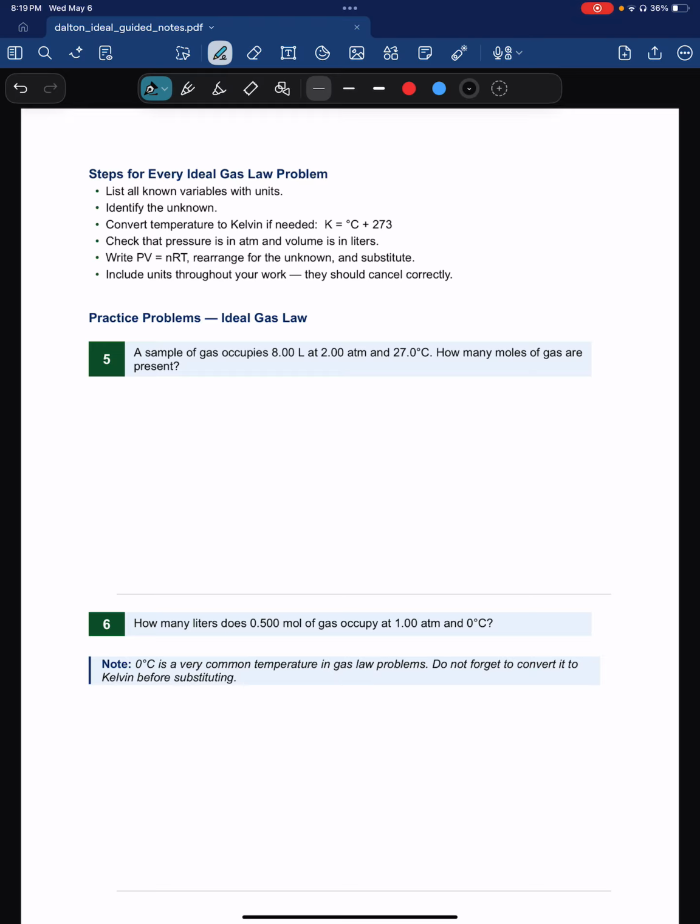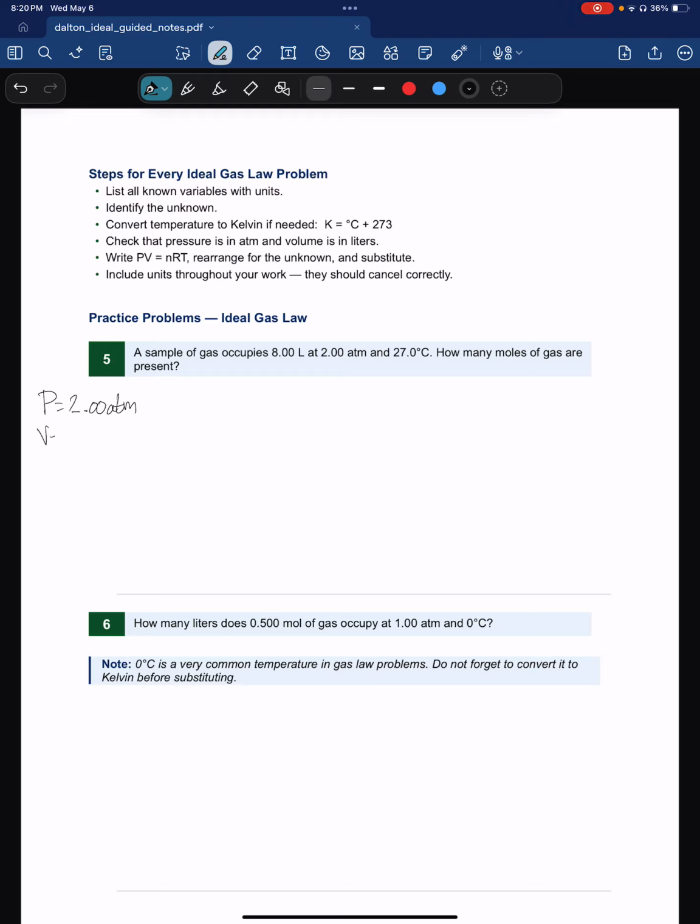A sample of gas occupies 8 liters at 2 atmospheres and 27.0 degrees Celsius. How many moles of gas are present? Okay, so what do we know? We know that the pressure is 2.00 atmospheres.